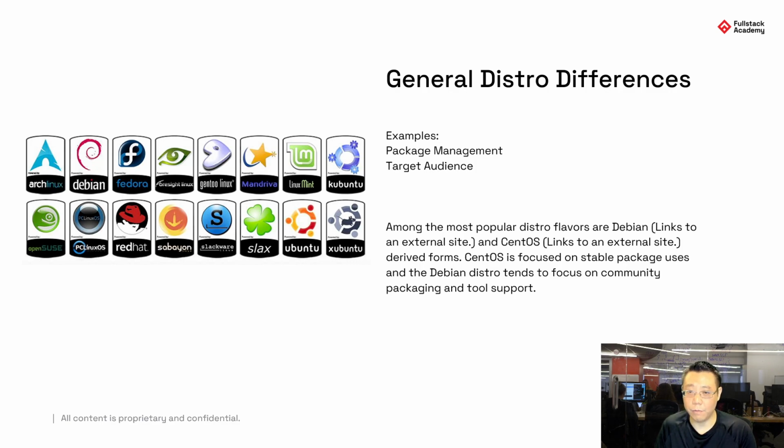Now, one of the main differences between Linux and many forms of Windows or even Mac OS X is that we have the idea of distribution flavors. Now, we're using Ubuntu in our current learning environment, but you can also use Mint, Kubuntu, Xubuntu, and many different other ones that are Debian based.